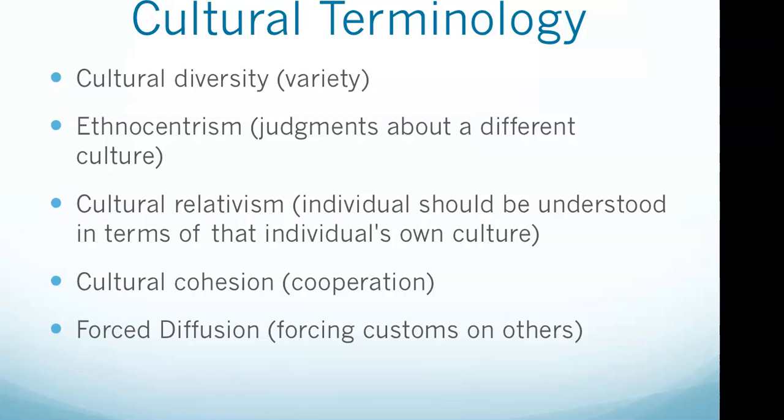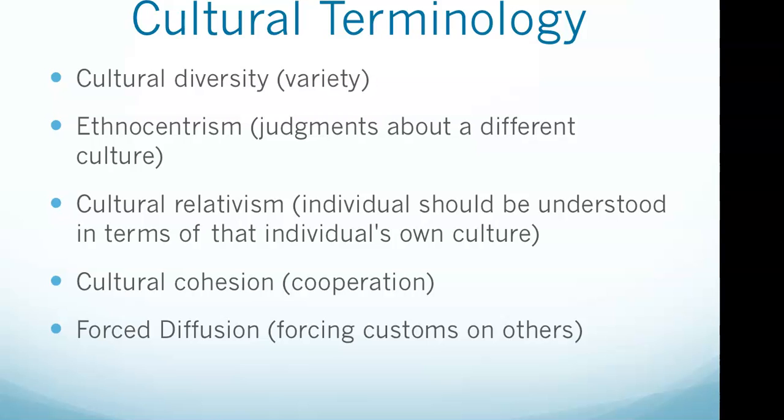Cultural cohesion. This is the willingness of members of a society to cooperate with each other in order to survive and prosper. In order for this to happen, a common language is necessary. So that makes sense. The common language part can show up as a question, and so you really want to be familiar with that for the cohesion. The rest of it is fairly easy to guess at.